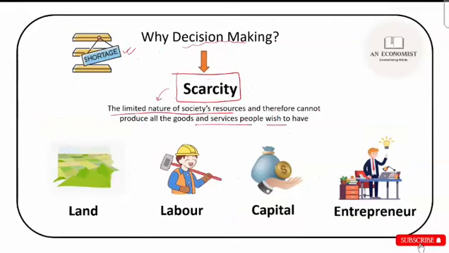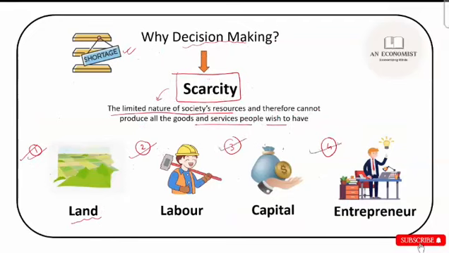Now, whenever we talk about resources in the economy, we particularly understand these four broad categories of resources. I want you to see this. The first thing is land, right? Land is the fixed resource of any economy, right? Second is labor, third is capital, and fourth is entrepreneurship.